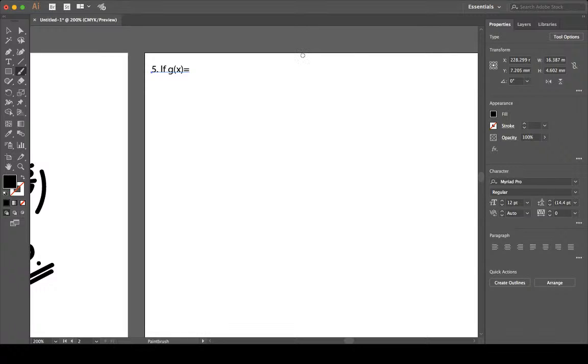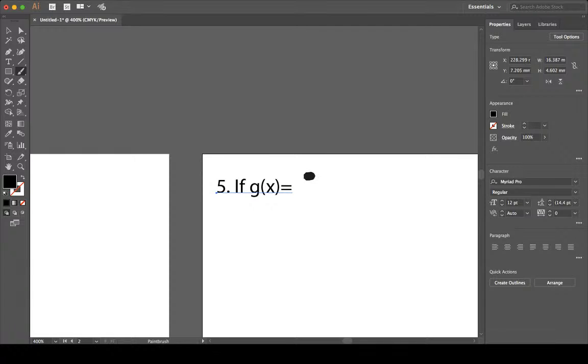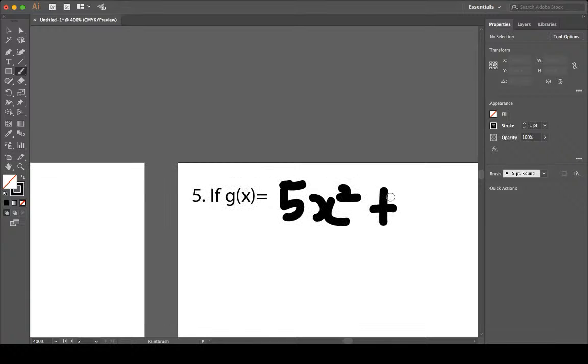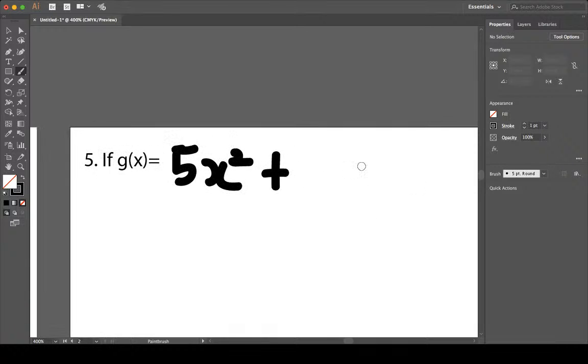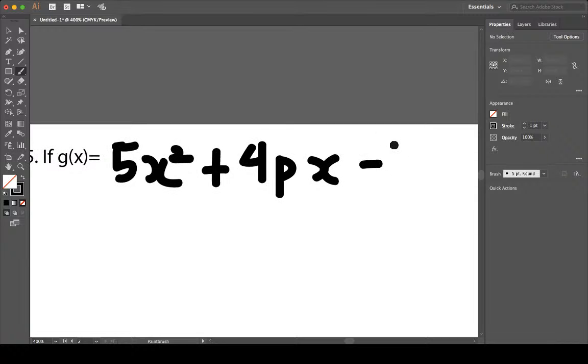So if g of x is 5x squared plus 4px minus 3, there we go.